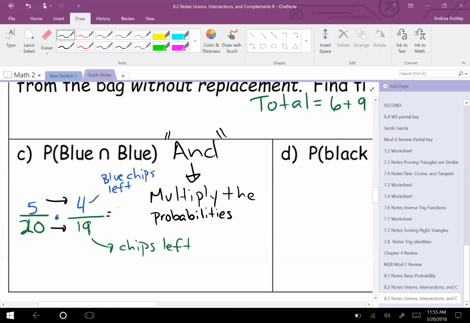So this would be 20 over 380. Then we're just going to divide that. So 20 divided by 380 is 0.052. I move my decimal over twice, and I get 5%. Any questions over that? We're all good?